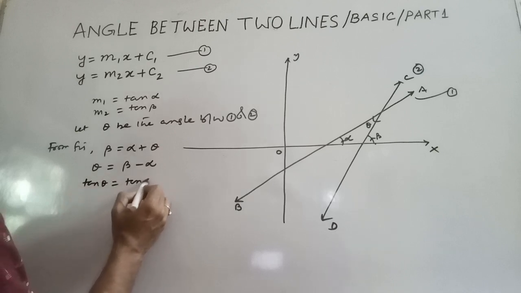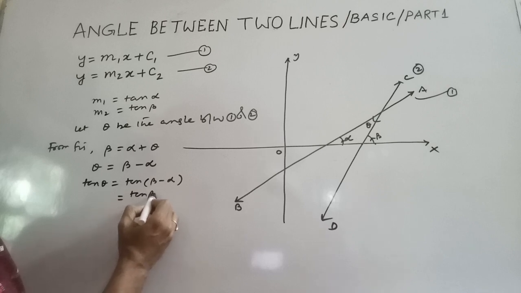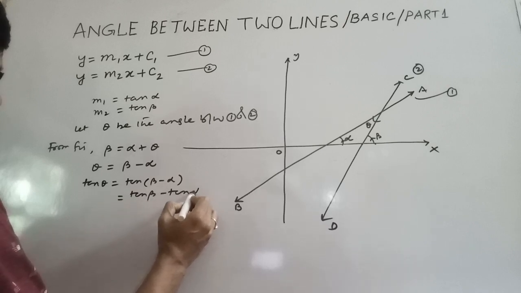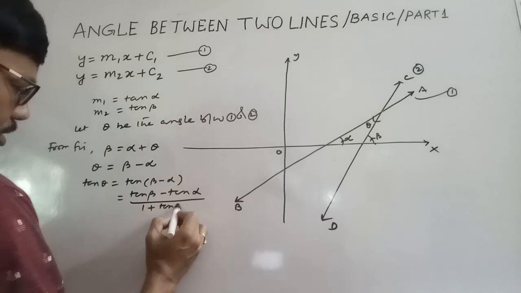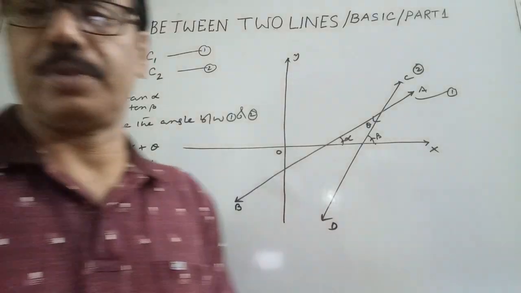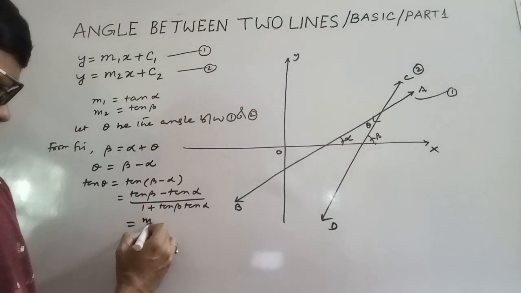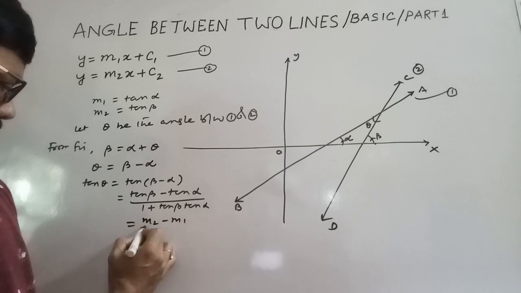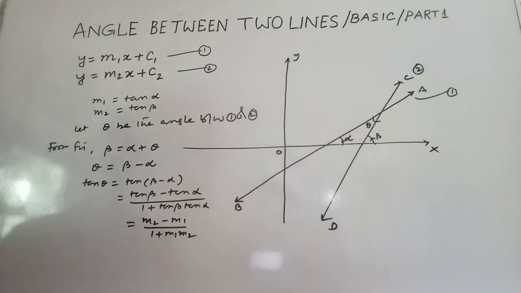Tan of beta minus alpha, which is tan beta minus tan alpha over 1 plus tan alpha tan beta. This is the basic formula of trigonometry. Now this gives m2 minus m1 over 1 plus m1 m2.